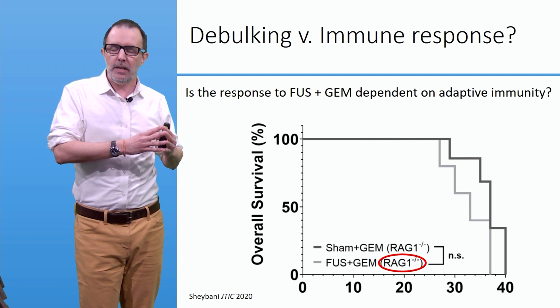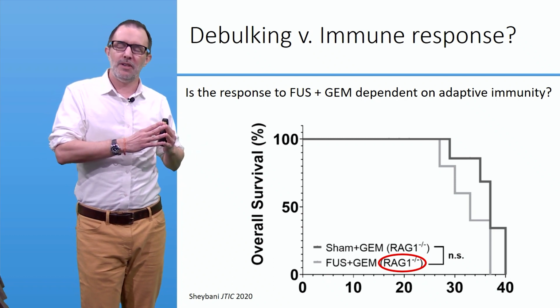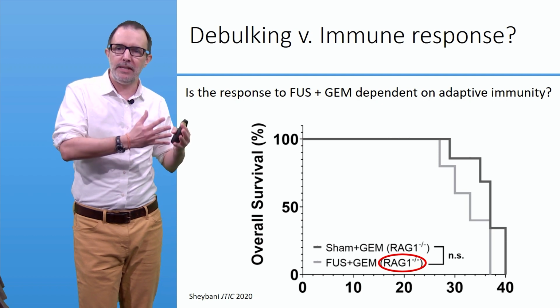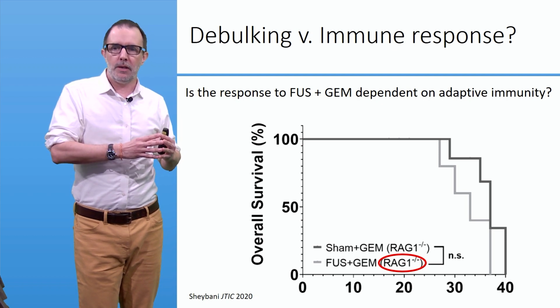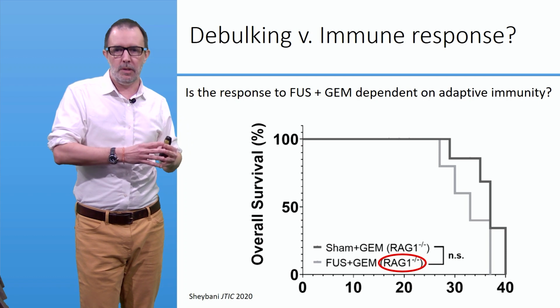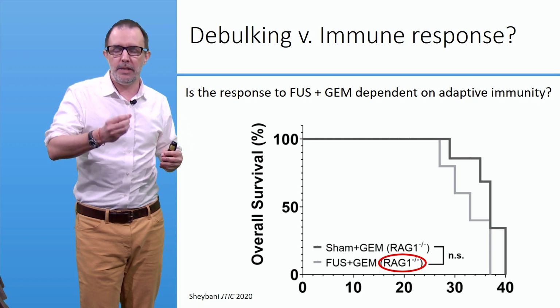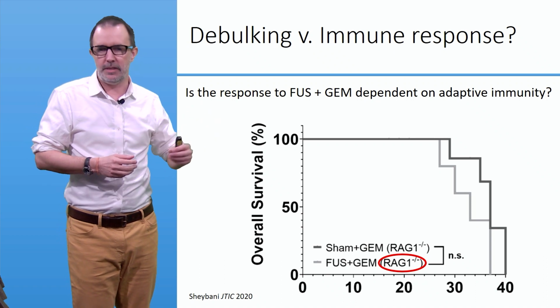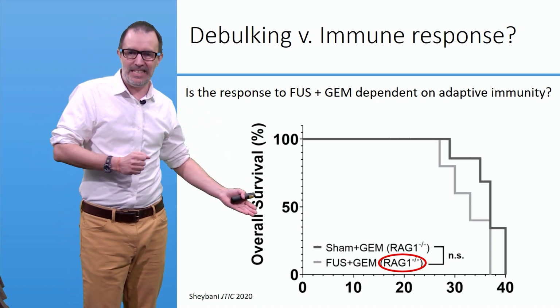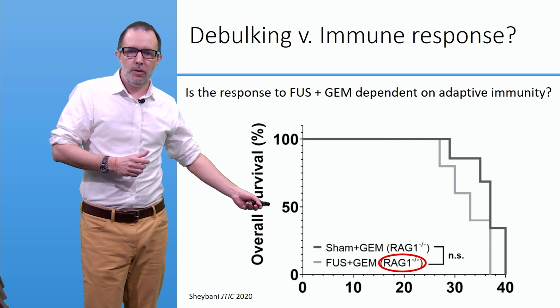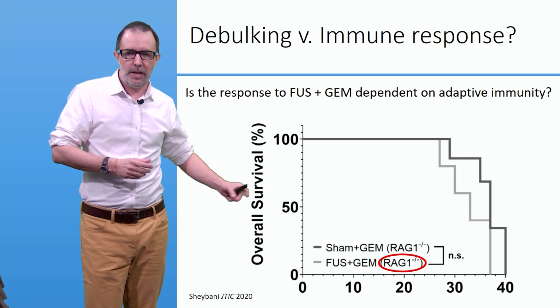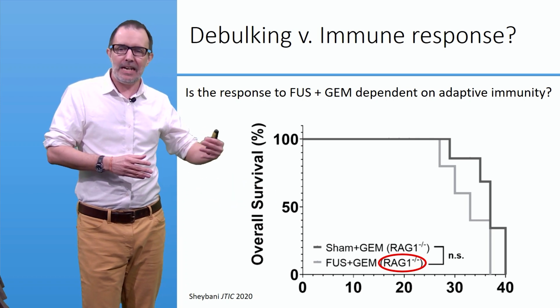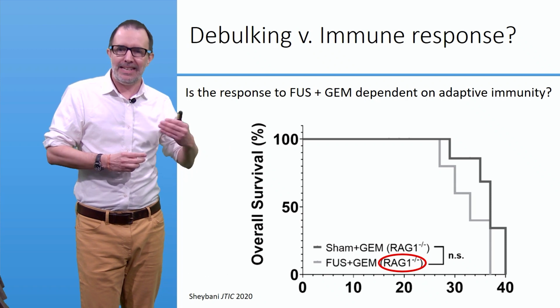To do that, you can deplete specific parts of your immune system. For example, you can deplete the CD4 positive T cells or the CD8 positive T cells, or as in this example, you can use these Rag-1 mice, which lack mature B cells and T cells.